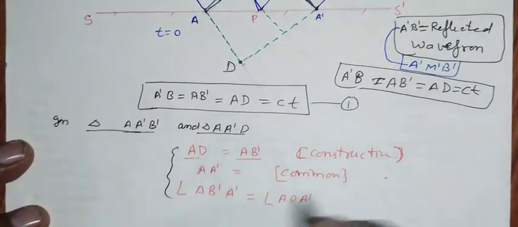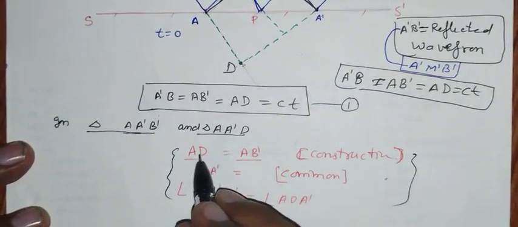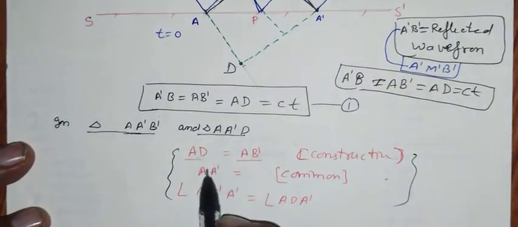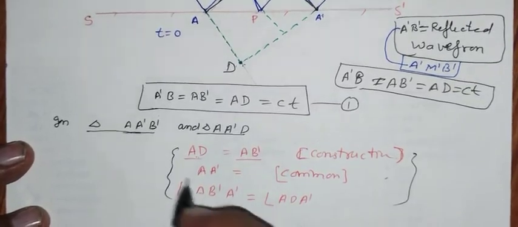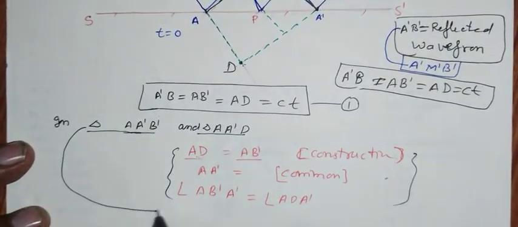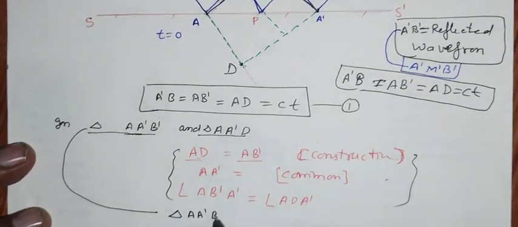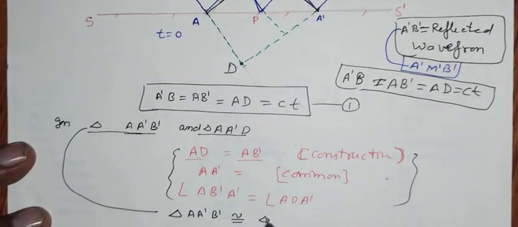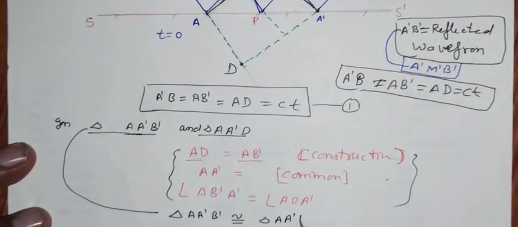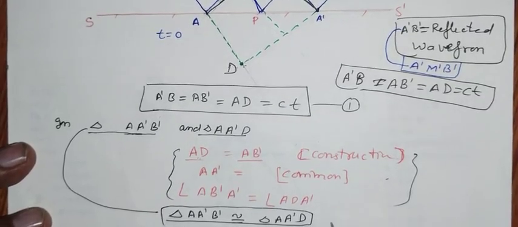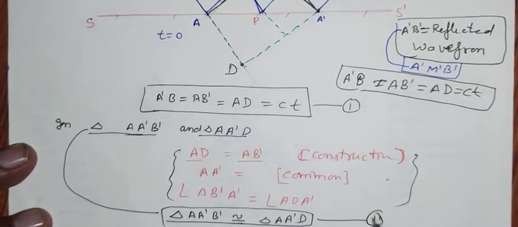It satisfies these three conditions of these two triangles: their two sides are equal and one angle is equal, then it shows that triangle AA'B' is congruent to triangle AA'D. So it means we are able to prove the congruency of both.